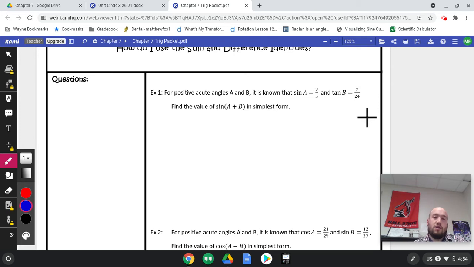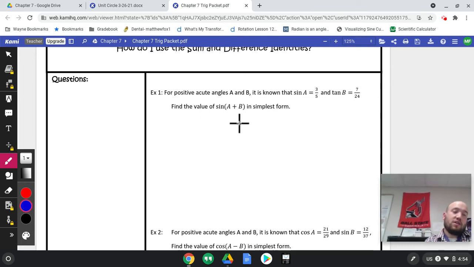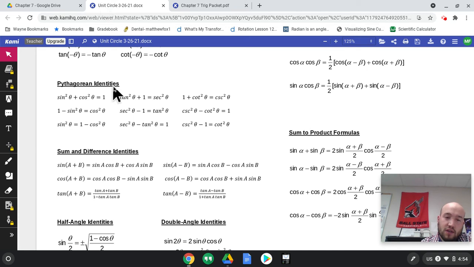On the back of your sheet, I believe I have alpha and beta instead of A and B. It's the same thing: your alpha looks like the swirly A, and your beta looks like this B with a little tail.